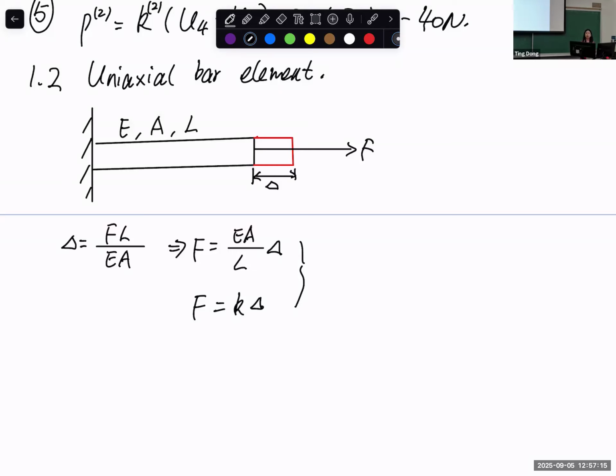And of course, this is only for tension and compression. If we talk about bending, then we call it a beam element, not a bar element anymore, even though in terms of geometry they are the same. So K equals EA over L. This becomes the stiffness of the bar element.